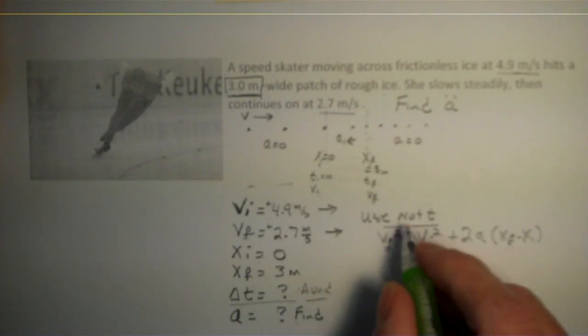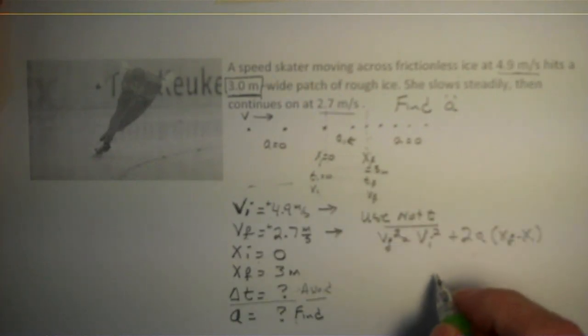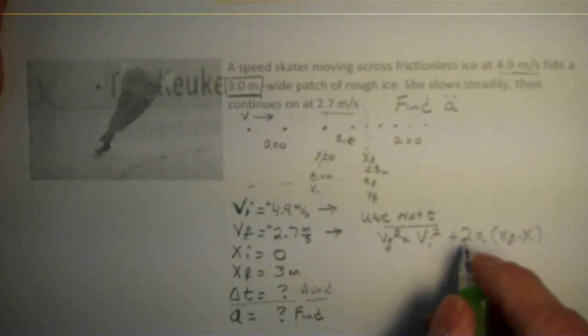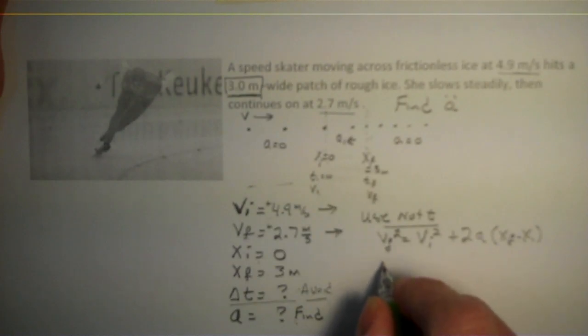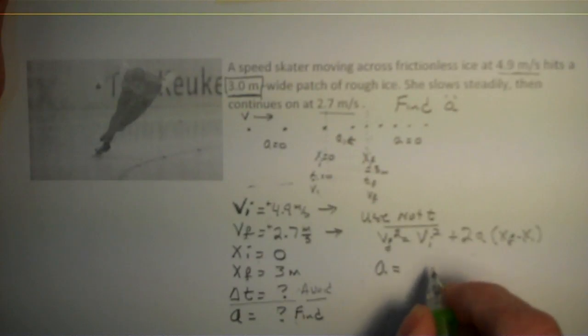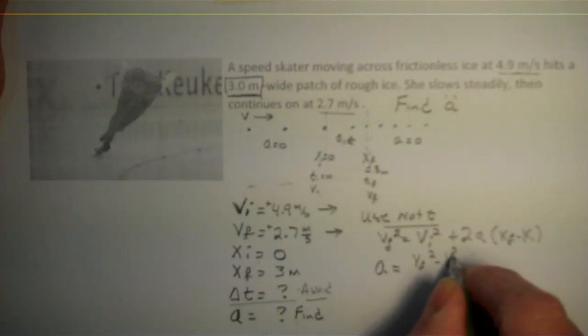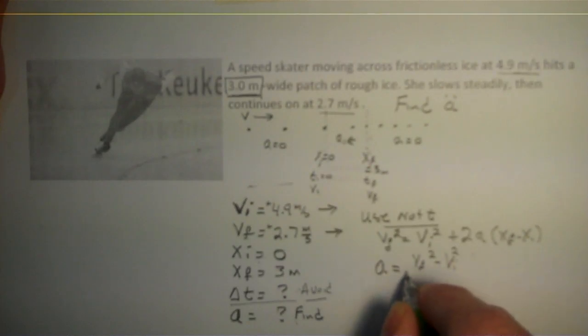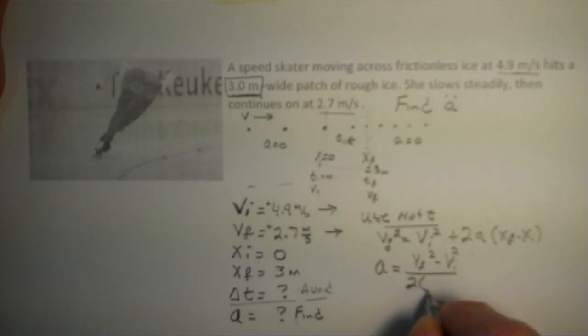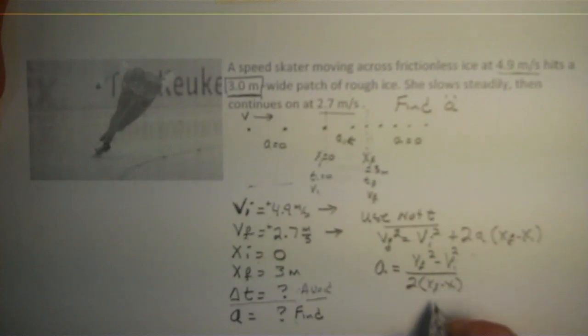Now I'm going to rearrange this algebraically, plug in the numbers and solve. You don't have to rearrange it algebraically, but if I do, I would get this: a equals v final squared minus v initial squared, divided by 2 times x final minus x initial.